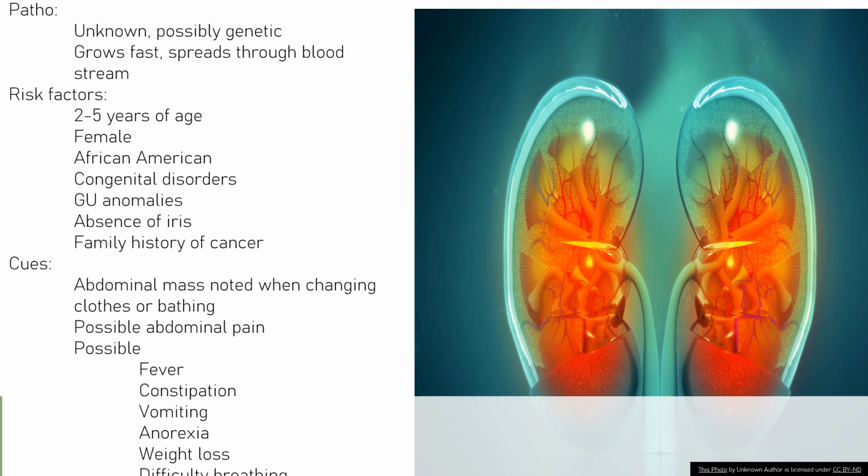It grows super fast and it spreads through the bloodstream because kidneys help to filter our blood. So if something's wrong inside the kidneys, it can spread all through the blood system.